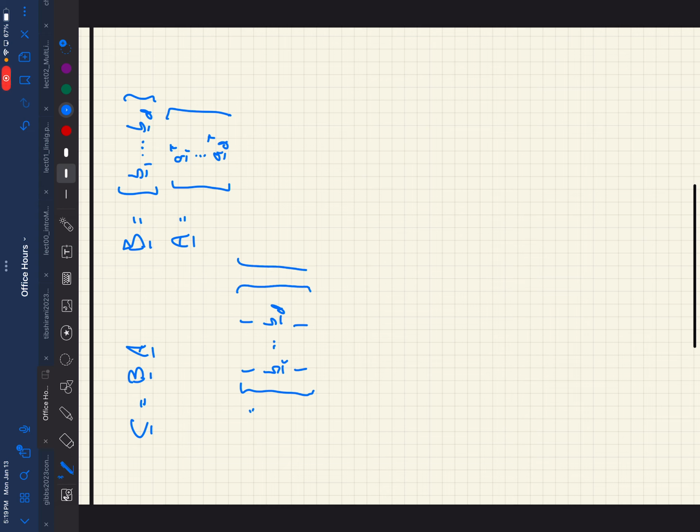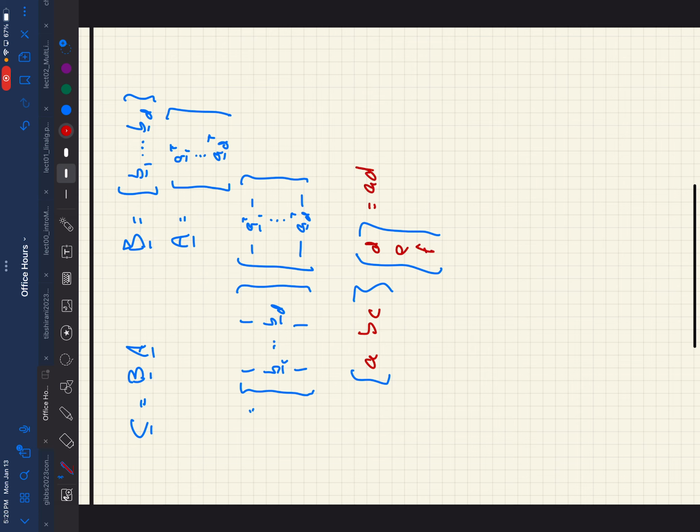And then A on the right, we have A1 through AD. What's a cool property with matrix or matrix-vector multiplication is that, let me write as an example, A, B, C times D, E, F. You know that this is AD plus BE plus CF.